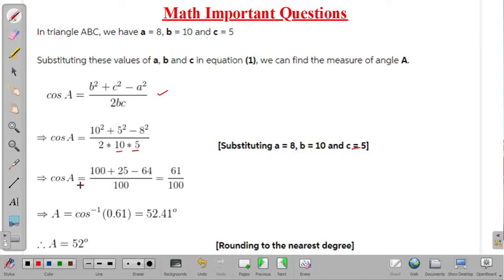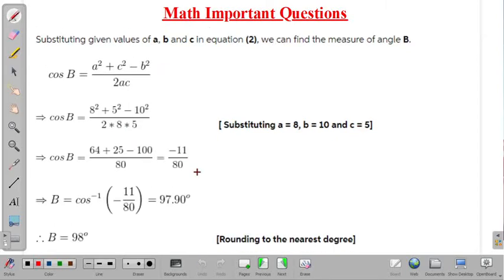So we get cos A equal to 61 by 100, which is 0.61. Taking the inverse, A equals cos inverse 0.61, which in degrees is 52.41 degrees. After rounding to the nearest degree, angle A is 52 degrees.